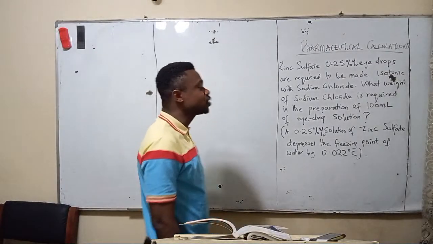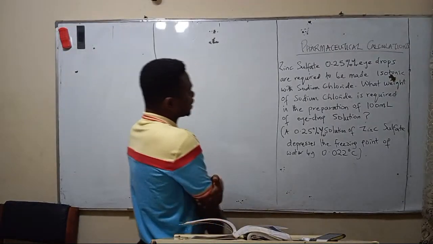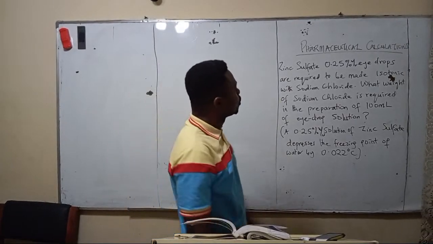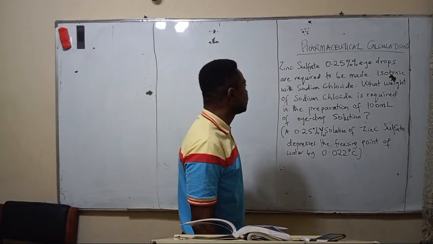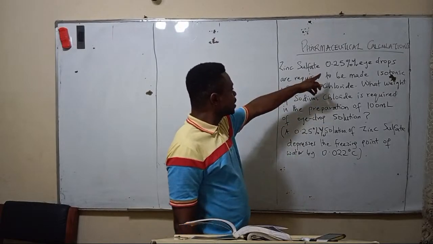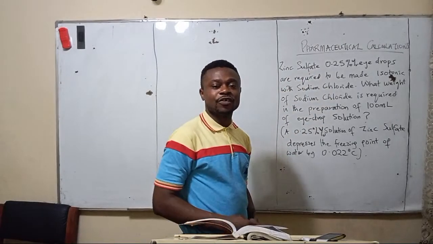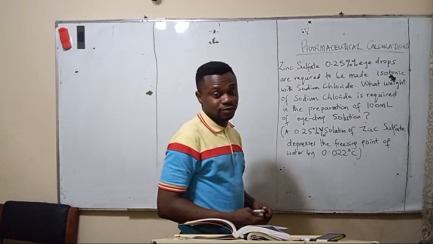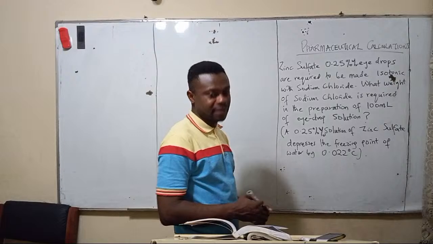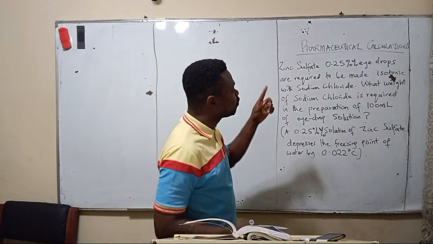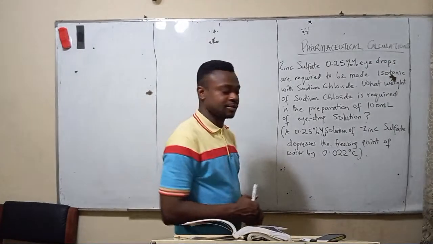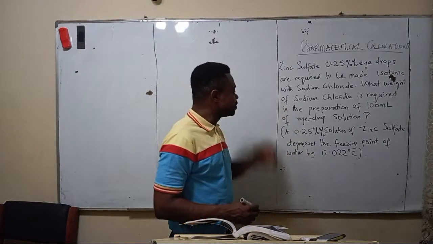For us to do that, we first of all look at this zinc sulfate. This 0.25% weight in volume zinc sulfate is the same as saying 0.25 gram of zinc sulfate in 100 ml. So that's the meaning.